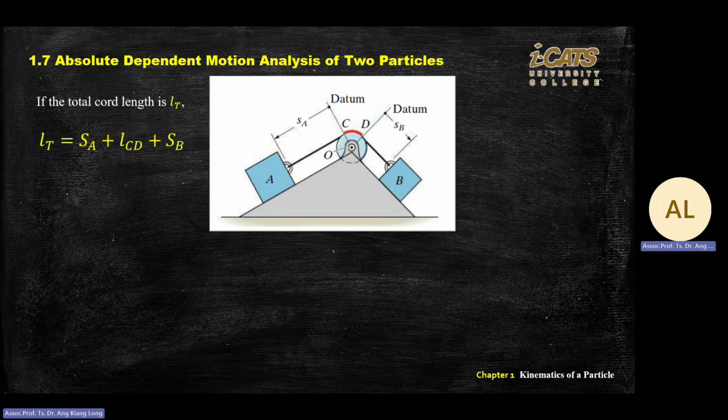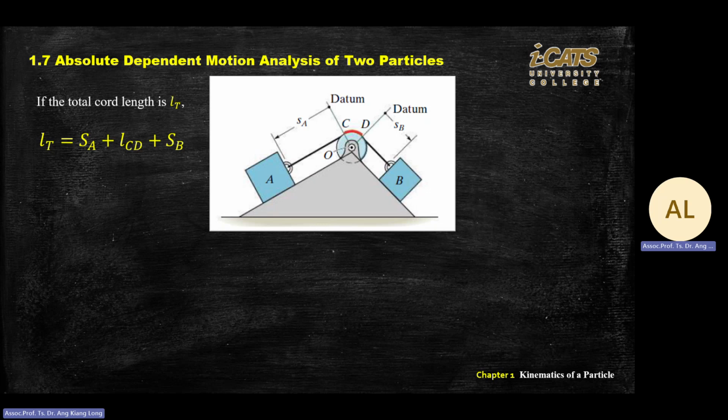Now, another simple piece of mathematics. There is one constant value in the pulley system, which is the length of the rope. The length of the rope doesn't change. You know how to calculate the length of the rope, right? The total rope length: sA plus CD plus sB is the total length of the rope.